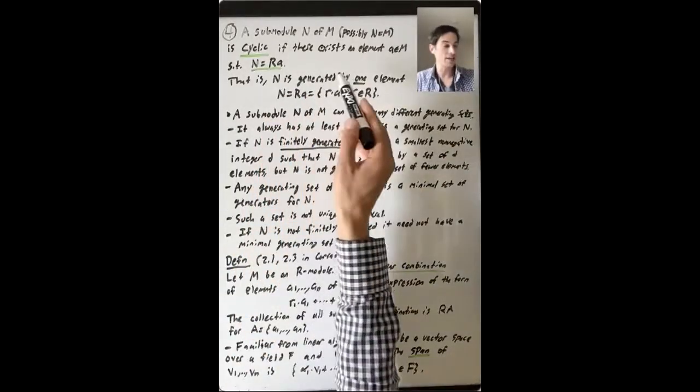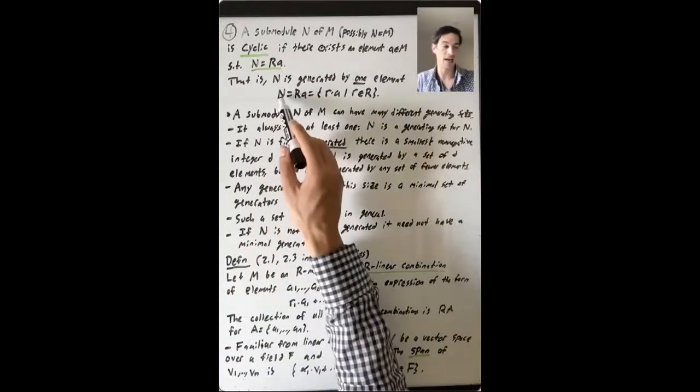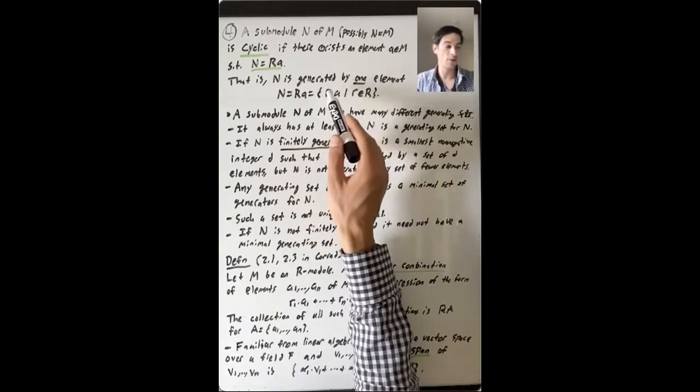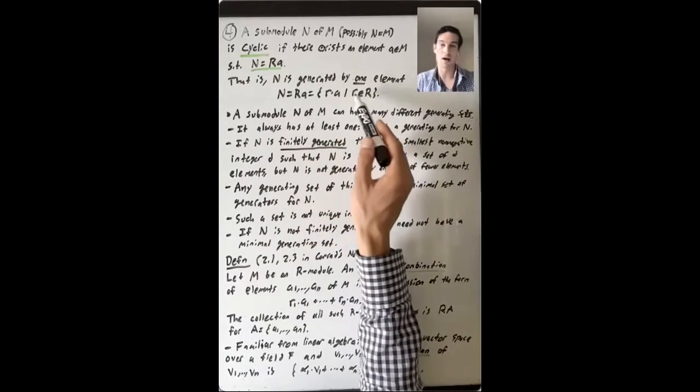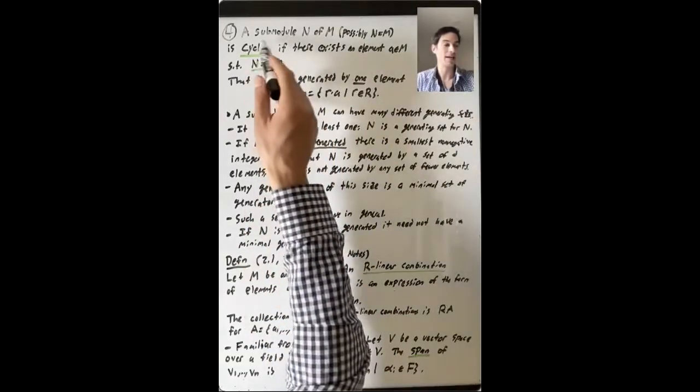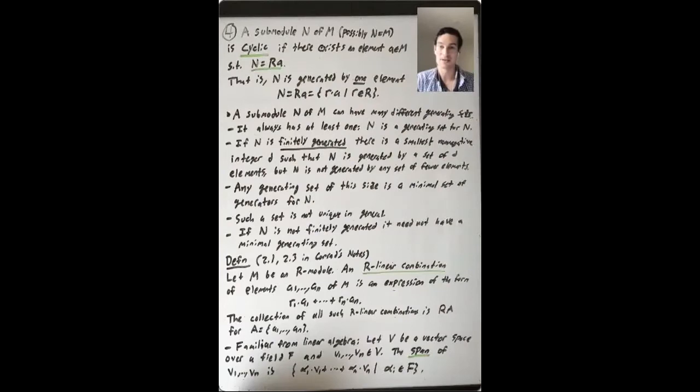That means N is generated by one element, that N equals Ra, that it is the set of all things that are of the form R times A, where R is in the ring. Okay, so the analog for cyclic groups and principal ideals here is cyclic submodules. And we'll see some examples coming up.